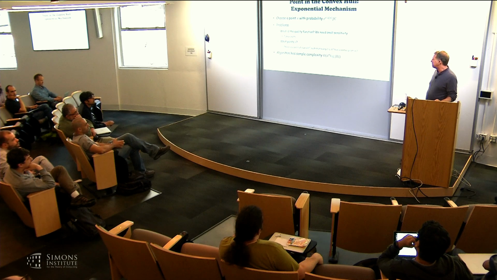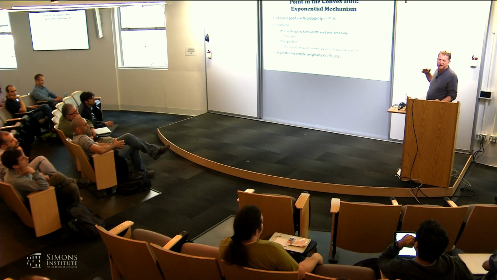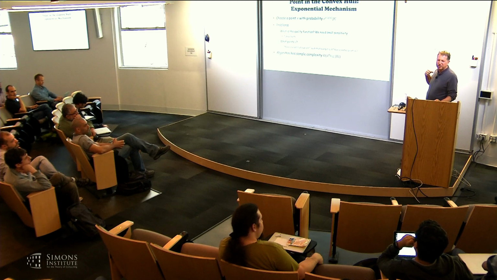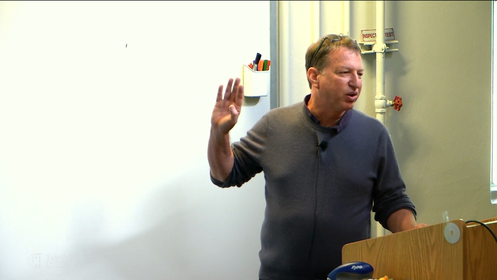It has to be at least x to the d squared, but this is the best we know. I'm not an expert in geometry, and I'm not sure if it might be improved. I think it's true, but I'm not sure. If you can show me better, I will be happy. Either way, this isn't an obvious statement.